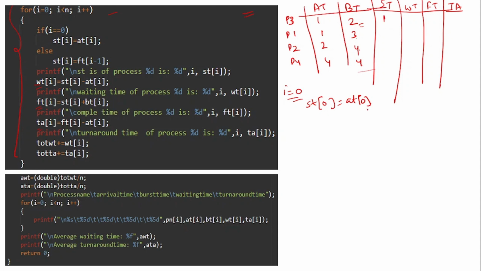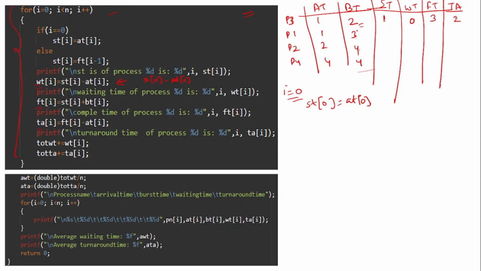Next, waiting time of the 0 process would be, you just see the loop. Waiting time of 0 is the st of 0 minus at of 0. So waiting time of 0 is the start time minus arrival time, which is 0. The finish time of the 0th process is the start time plus the burst time, that is 3. And the turnaround time is the finish time minus the arrival time, that is 2.